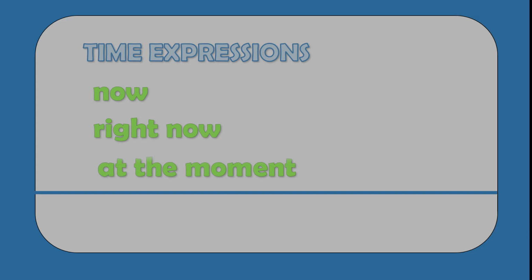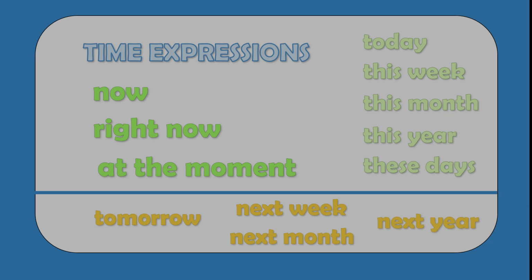Time expressions: now, right now, at the moment. So we have more examples. Well, as I said before, we use the present continuous also for the future. So here it is divided. Okay, all the green words are for present continuous to describe present actions like now, right now, at the moment, today, this week, this month, this year, these days.